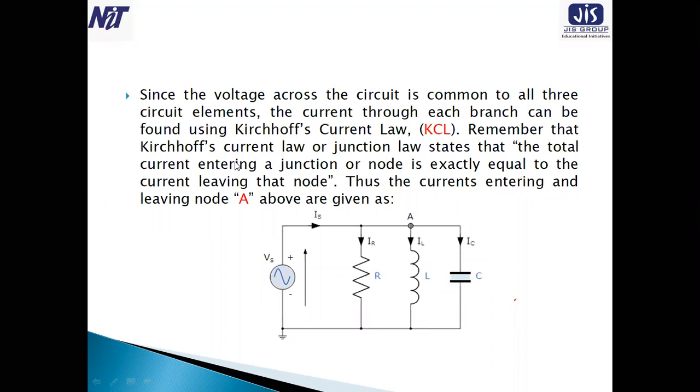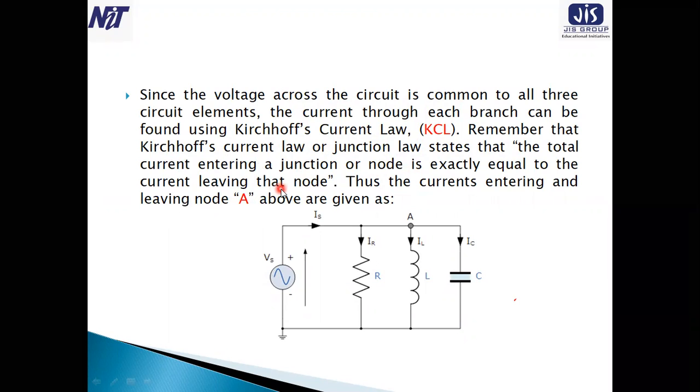Now here, since the voltage across the circuit is common to all three elements, the current through each branch can be found using Kirchhoff's current law. Using KCL, we can find it because the voltage is the same. Remember that Kirchhoff's current law or junction law states that the total current entering a junction or node is exactly equal to the current leaving that node.